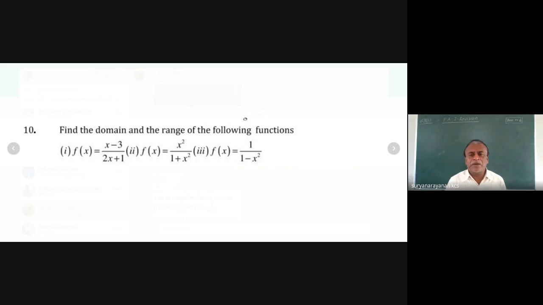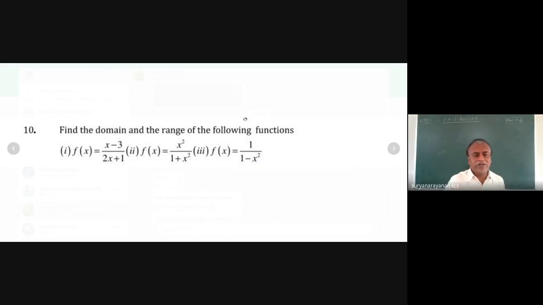Now come to the question number 10. This is also from Byju's only. No, sir, from the document which you have given, the document you posted on Saturday. Okay. Find the domain and range of the following functions. See question number 10.